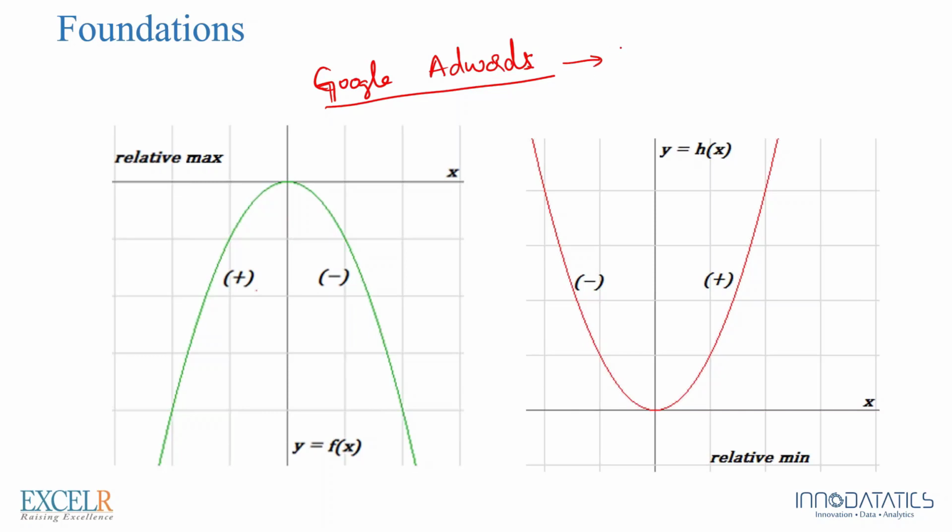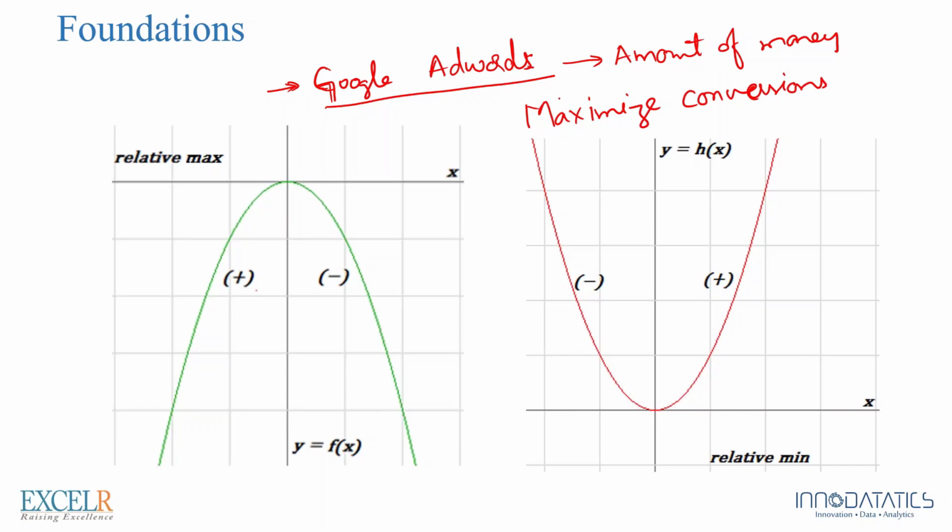For the amount of money that you spend on ads, what do you want to maximize? Oh, profits. Okay. Yeah. So here in Google AdWords, the objective is maximize the number of conversions.